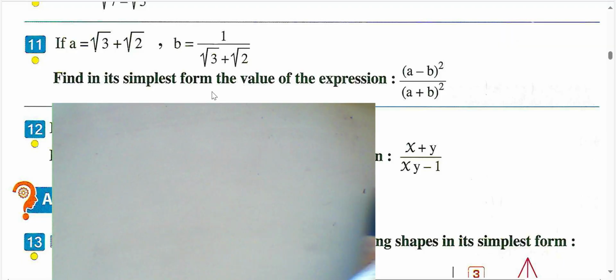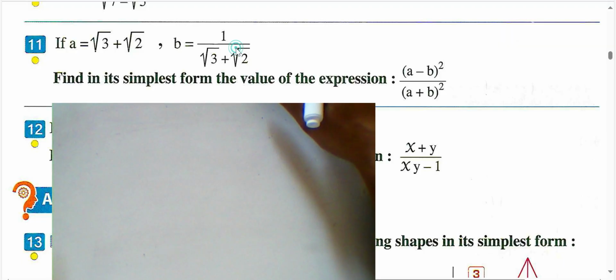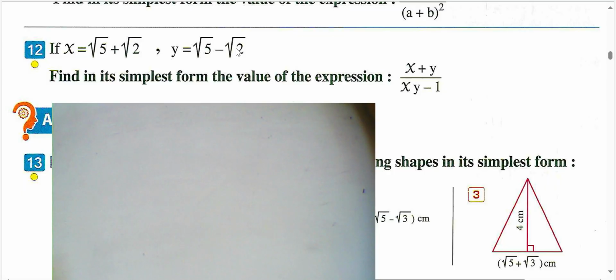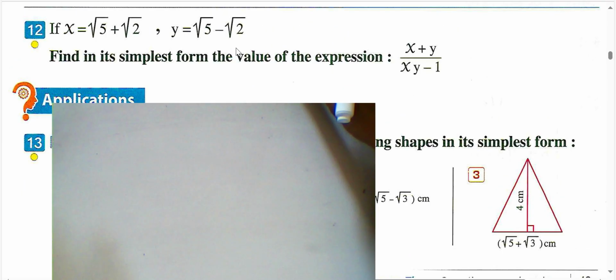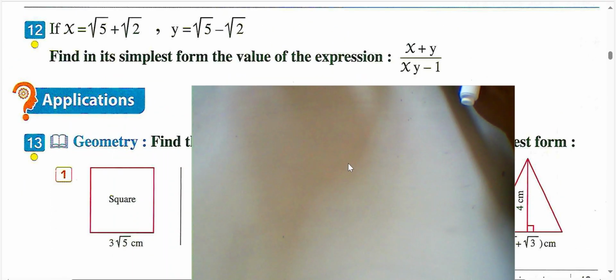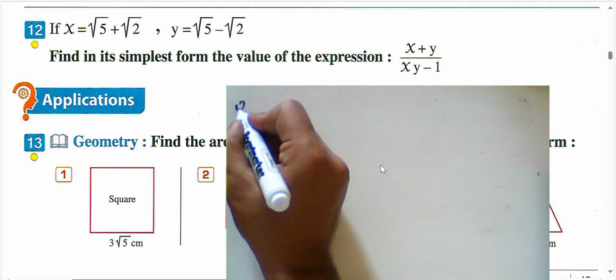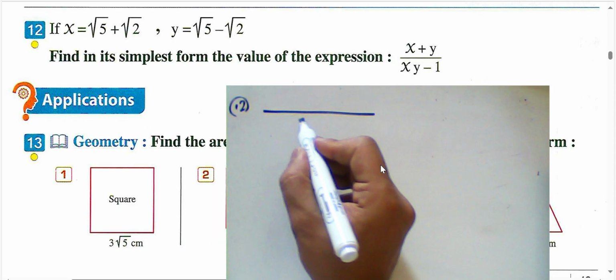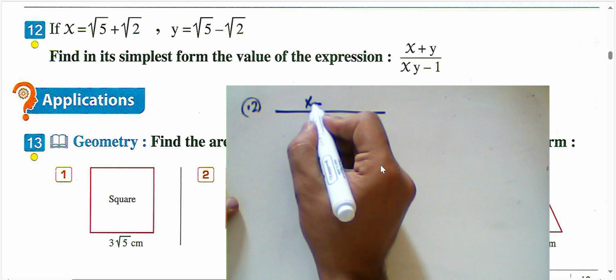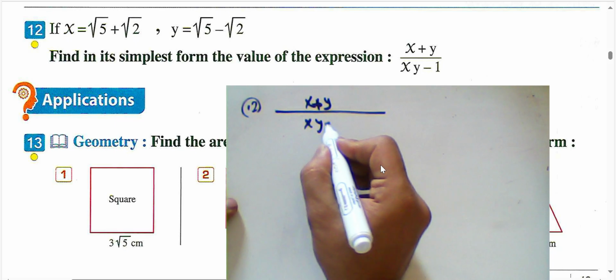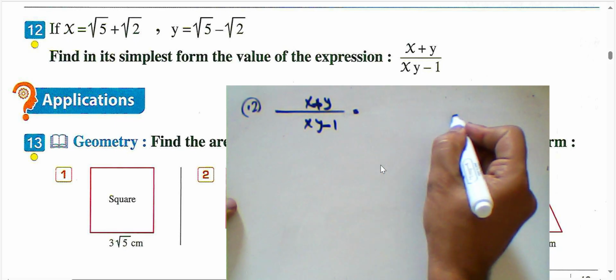Next question, question number 12. We have x and y. We want x plus y over x times y subtract 1. Here we put x plus y in the numerator, and the denominator is x times y subtract 1.